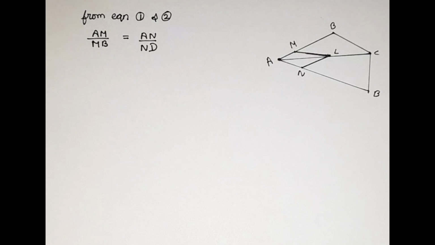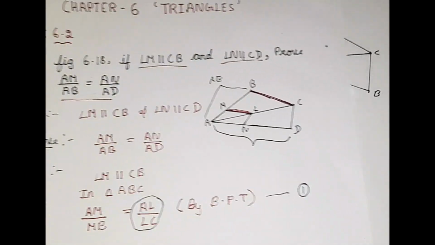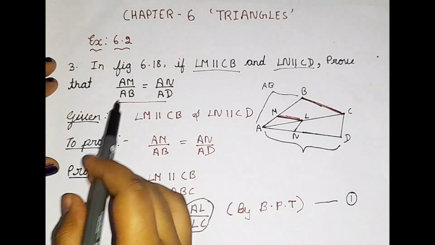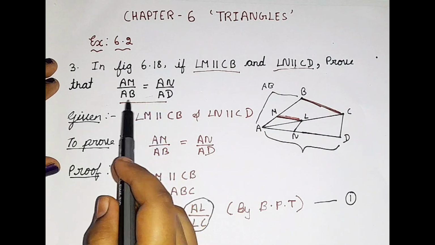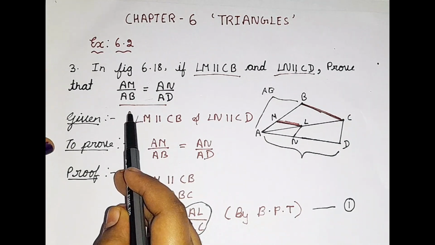So now can we compare this to the question? When we compare it with the question, we are supposed to prove AM by AB is equal to AN by AD, am I right? Is it similar to the answer we got right now?